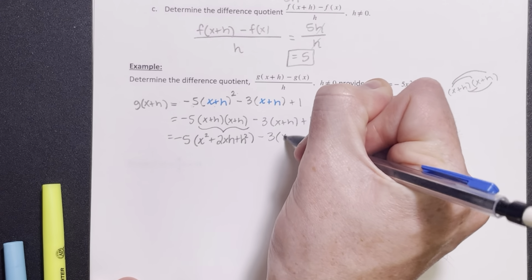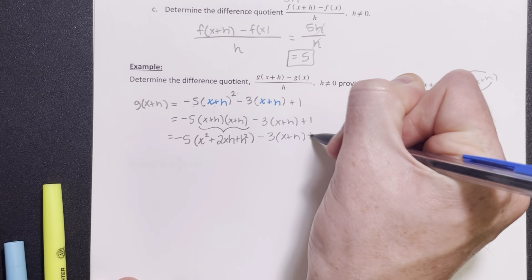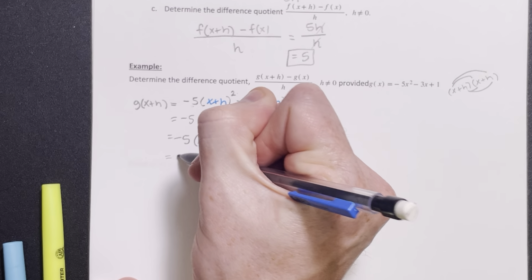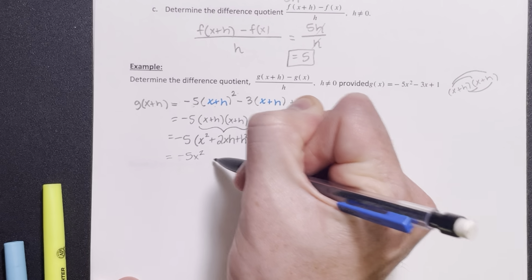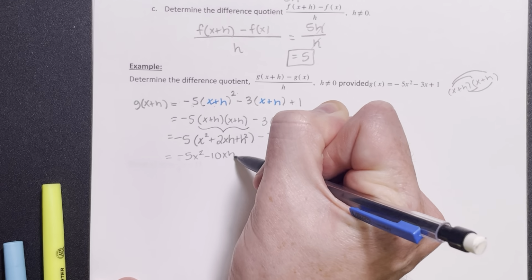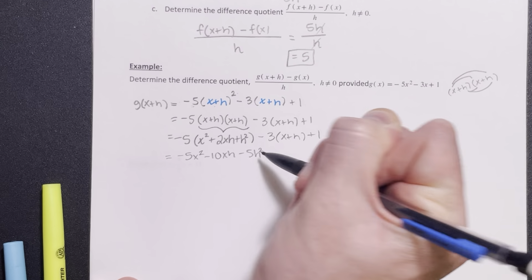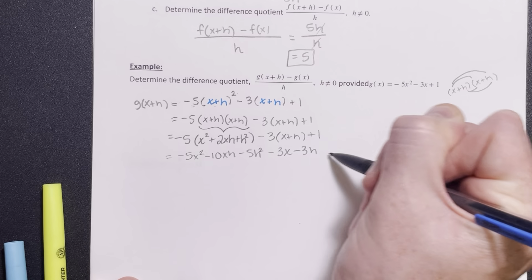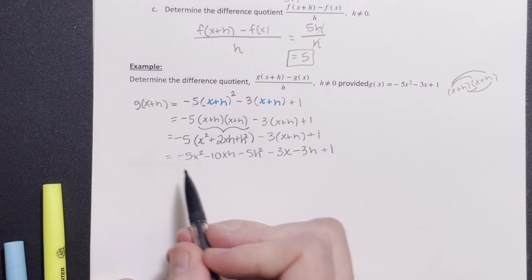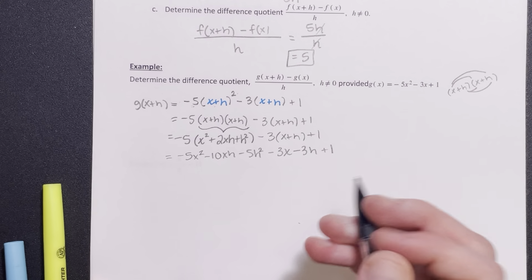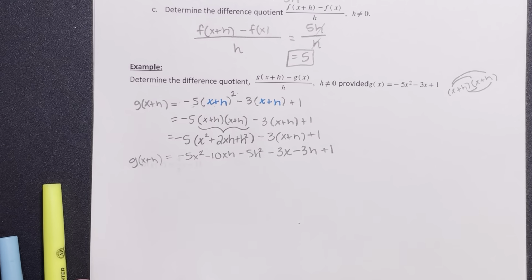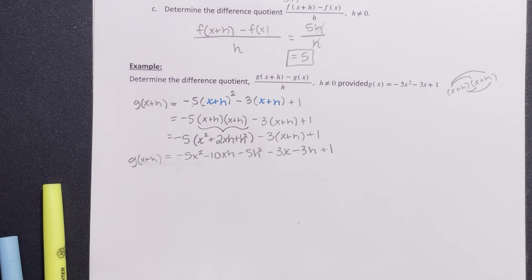At this point, now we can do our multiplication, because we have already squared x plus h. So if I distribute, that's negative 5x squared, negative 10xh, negative 5h squared, and we can distribute the negative 3. But looking across this whole g of x plus h, there's nothing else that can combine. I can't simplify that any further.